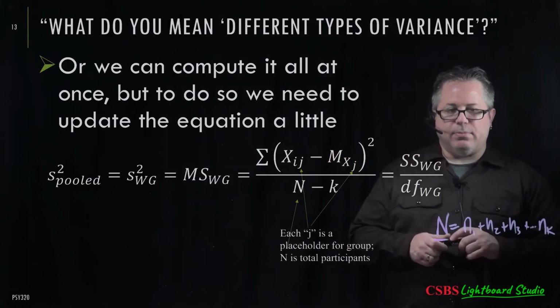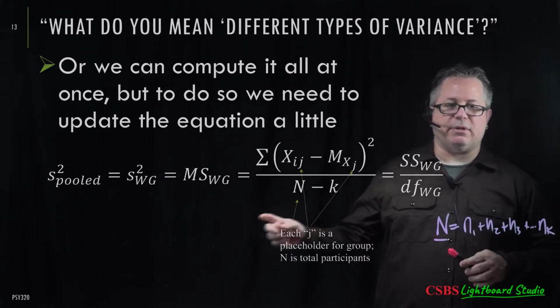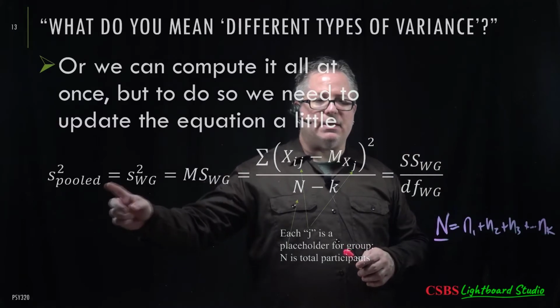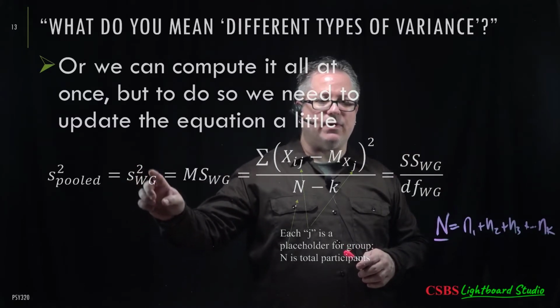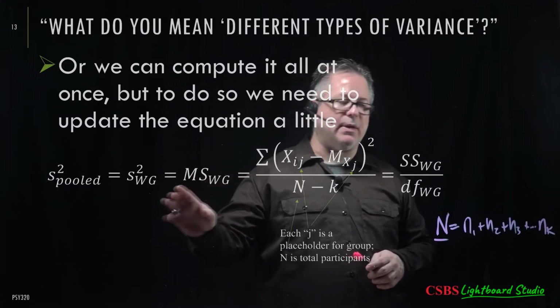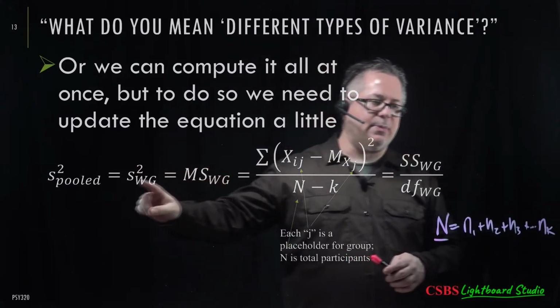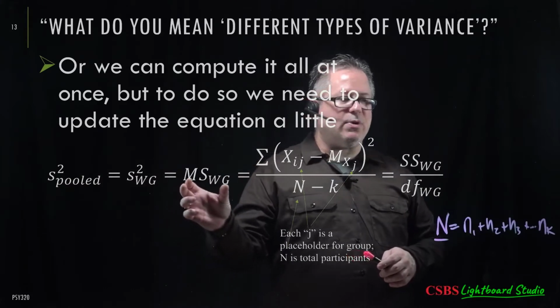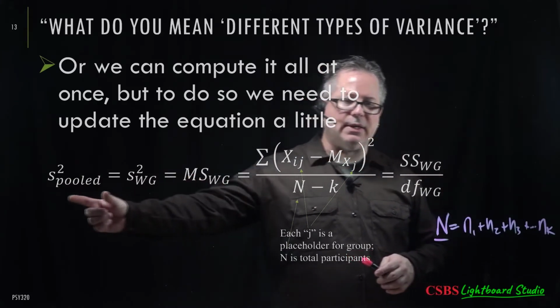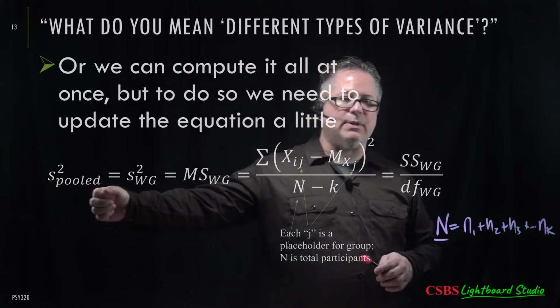So I want to make this connection here that the pooled variance estimate we're talking about is the same thing as the within groups variance, which is the same thing as the mean square within group. And I'm going to come back, we're going to talk about that again, but just start to make this connection. What the mean square within group is that we're going to talk about for ANOVA is really just the same thing as the pooled variance that we had for our independent samples t-test.